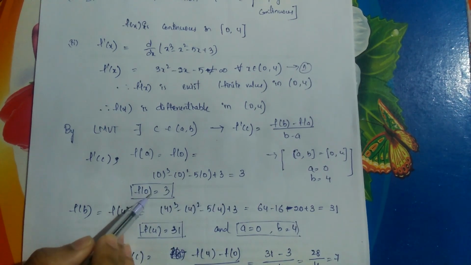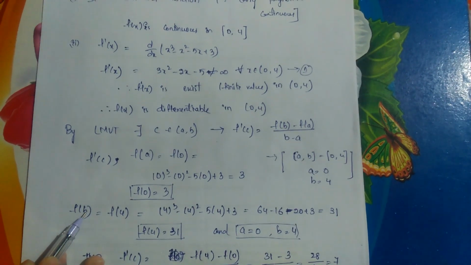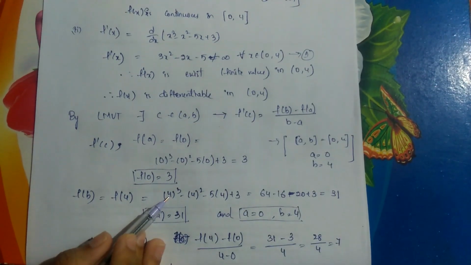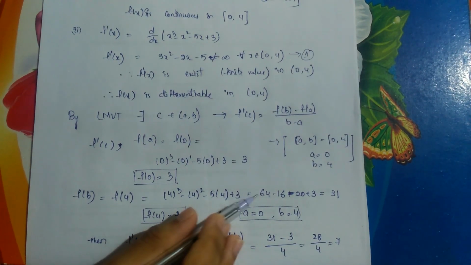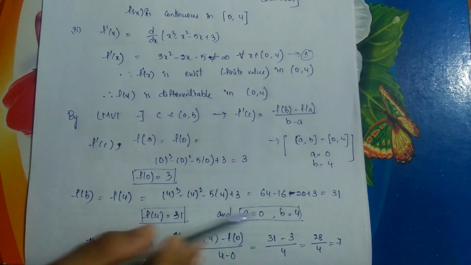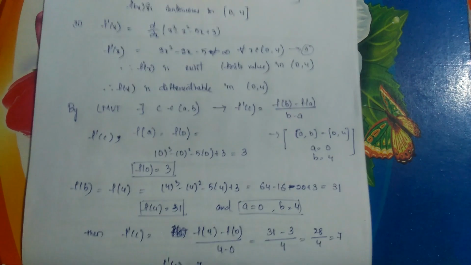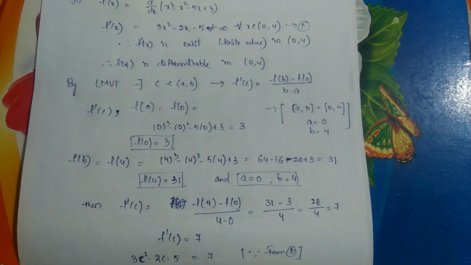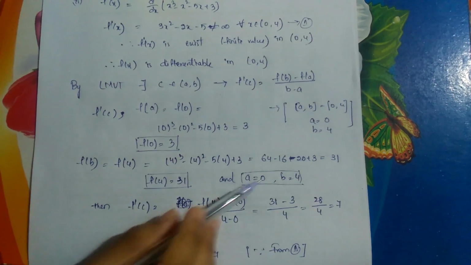So f of 0 value is 3. And similarly f of b is nothing but f of 4, that is 4 cube minus 4 square minus 5 into 4 plus 3, that equals 64 minus 16 minus 20 plus 3, which is equal to 31. Therefore f of 4 value is 31. And a is equal to 0 and b is equal to 4. So we got the 4 values here.